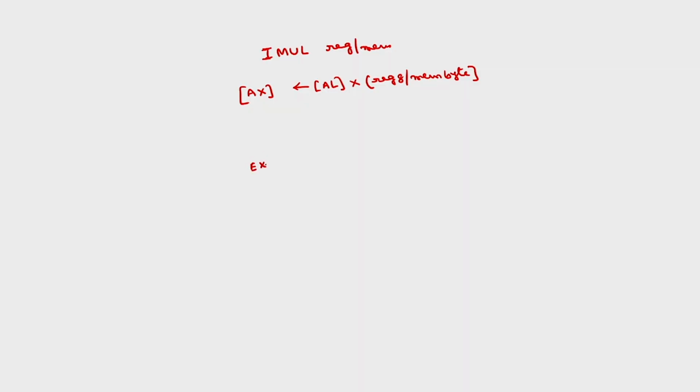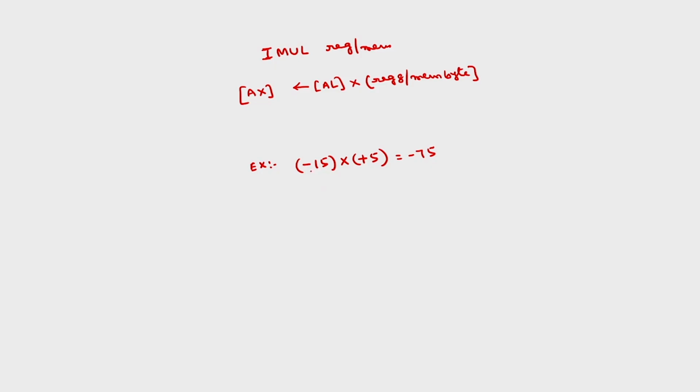If I take an example, I want to multiply minus 15 into plus 5. The expected result is minus 75. Now how to give this data? You take minus 15 into one of the registers, either AL or any other register or a memory location, and take plus 5 into the other register, and multiply.